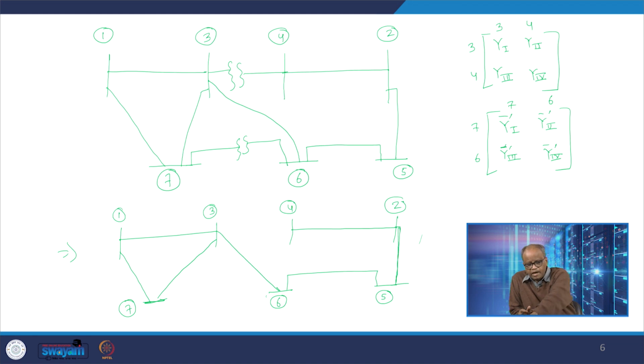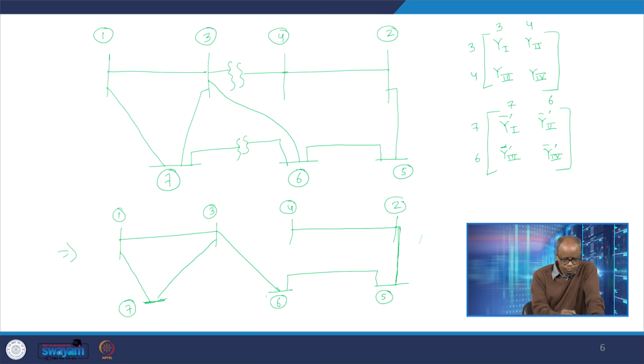After that we will add Y1 dash at the element 7, 7, Y2 dash at the element 7, 6, Y3 dash at the element 6, 7, and Y4 dash at the element 6, 6. Once we add these 4 plus 4, 8 transformer matrices to the disjoint Y bus matrix, we get the final Y bus matrix of the system.